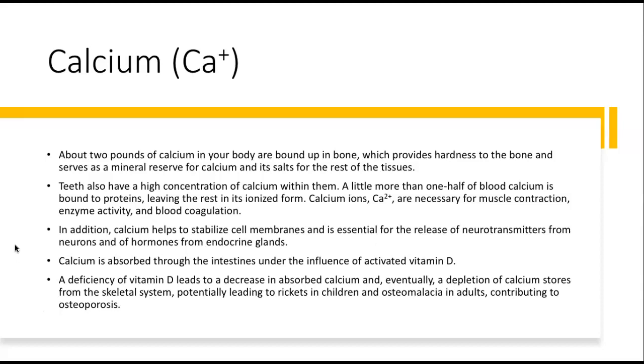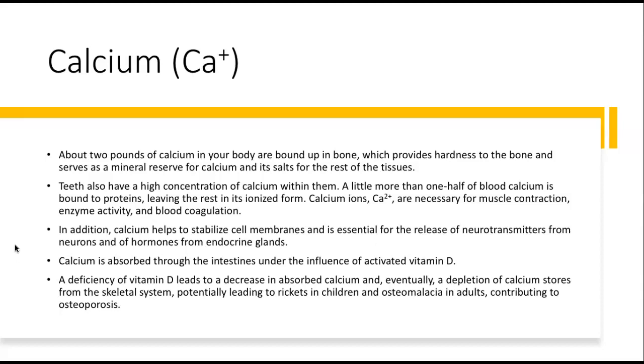Calcium ions are Ca2+, and they're necessary for muscle contraction, enzyme activity, blood coagulation, and in addition, it helps to stabilize cell membranes and is essential for the release of neurotransmitters from neurons and of hormones from endocrine glands. Calcium is absorbed through the intestines, and we absolutely need the activated form of vitamin D to do that.